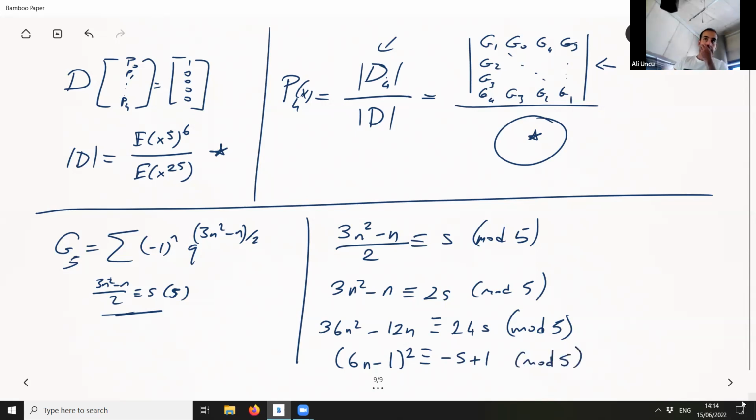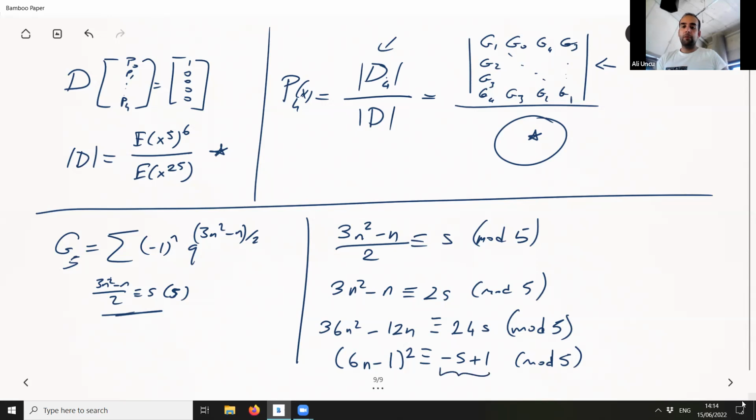Cool. Now, last bit. If (3n squared minus n) over 2 is going to be S modulo 5, then (6n minus 1) squared should be minus S plus 1 modulo 5. We look at the quadratic residues modulo 5, which are only 1 and 4.